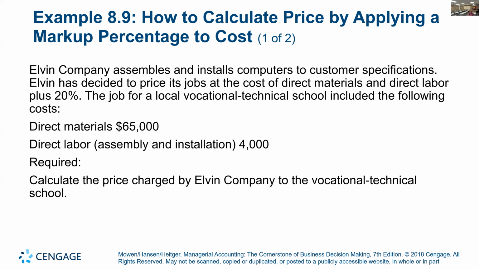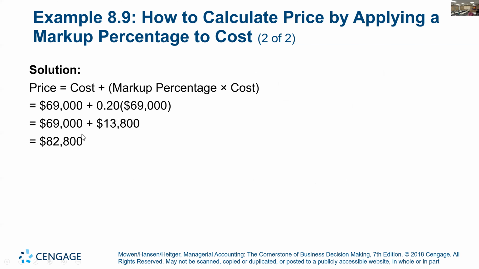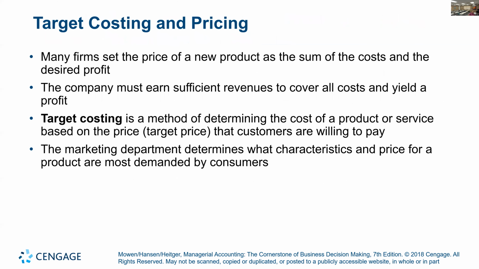That's going to be the cost of the job. They show you to do 69,000 plus 20% times 69,000. You could also get this exact same number with a shortcut: 69,000 multiplied by 120% or 1.2.